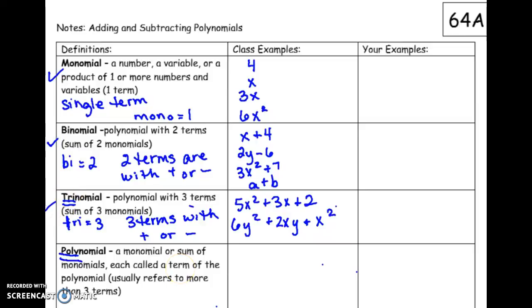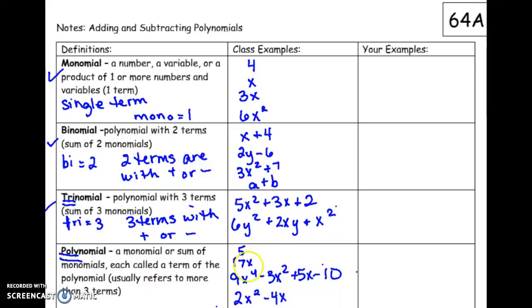Polynomial would just mean all of the above and more. So we could have maybe the number 5, 17x, 9x to the fourth minus 3x squared plus 5x minus 10. We could have 2x squared minus 4x. These are all examples of polynomials.